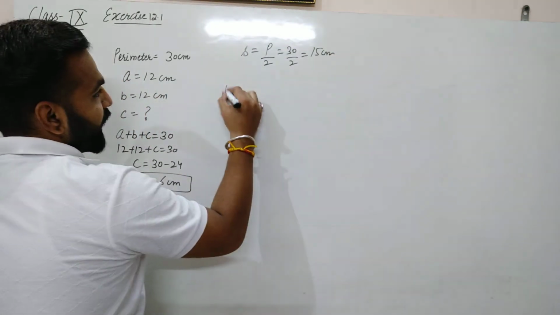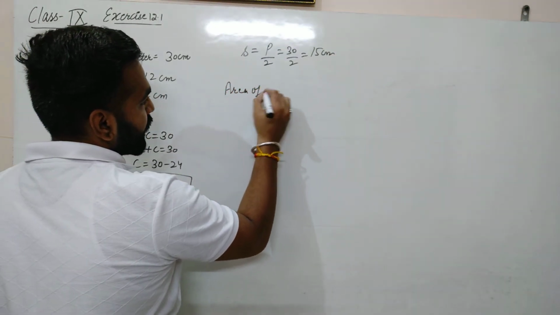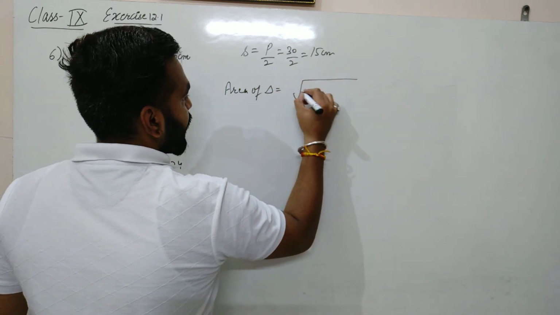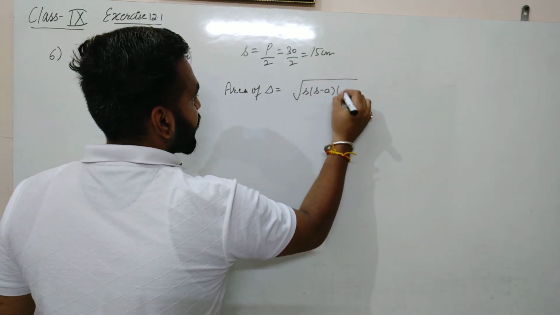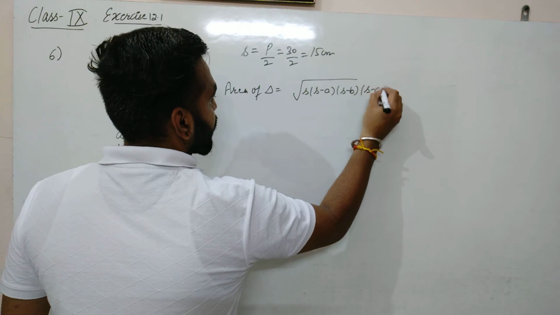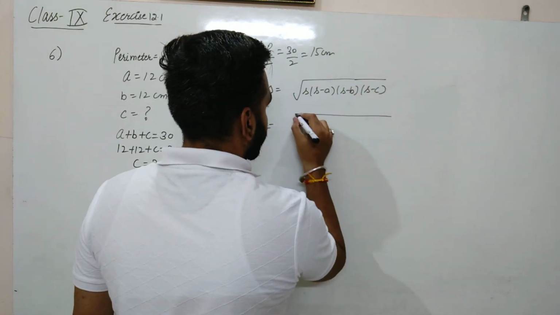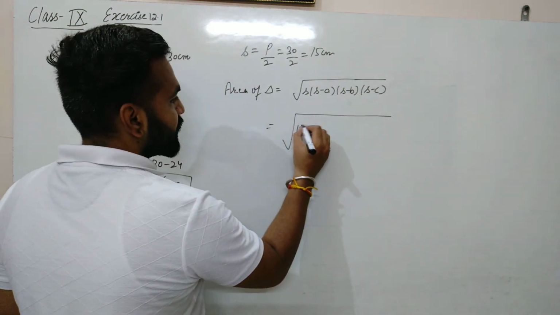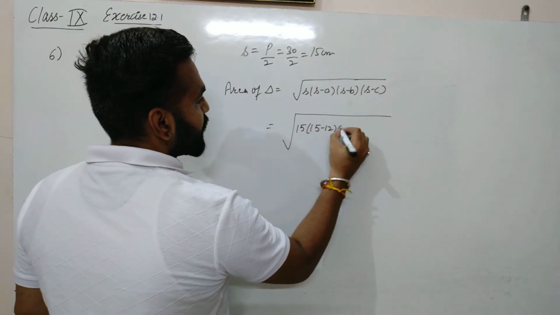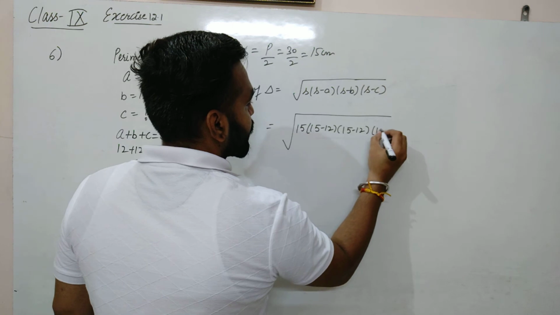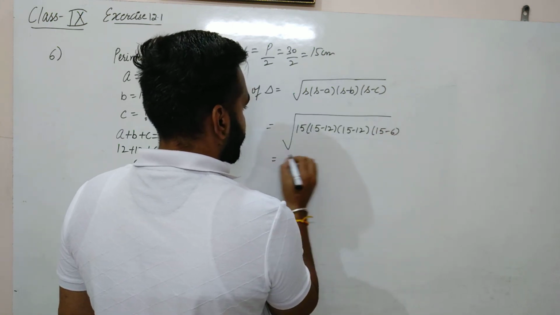And now area of triangle, root S, S minus A, S minus B, S minus C. So S is 15, 15 minus 12, 15 minus 12, 15 minus 6.